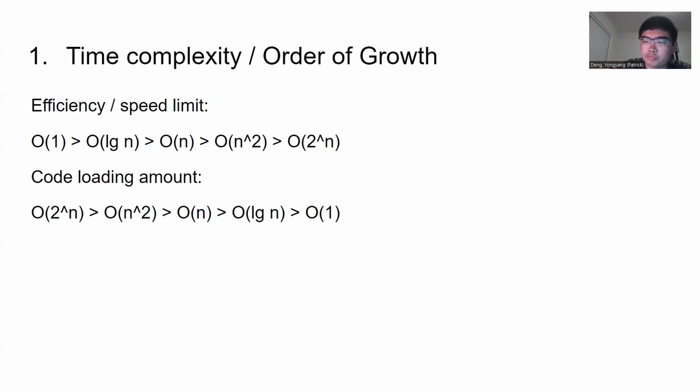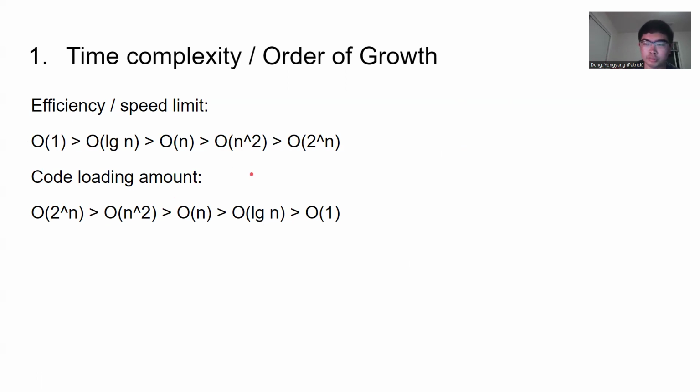For code-loading amount, the exponential one is the greatest, because you may have to open tens of thousands of files for an input of only maybe 1,000. Meanwhile, for a big O of 1, regardless of the input amount, when you have a very large code-loading amount, it will be less likely for you to have a high efficiency.